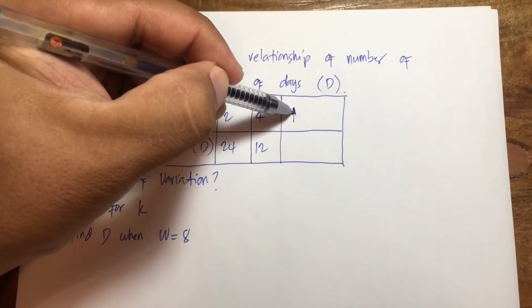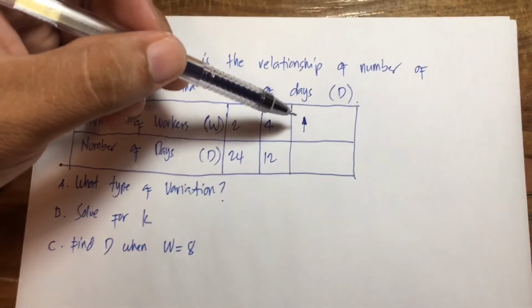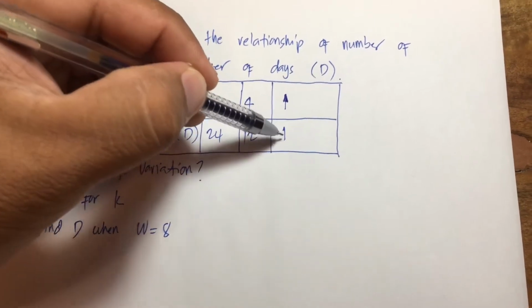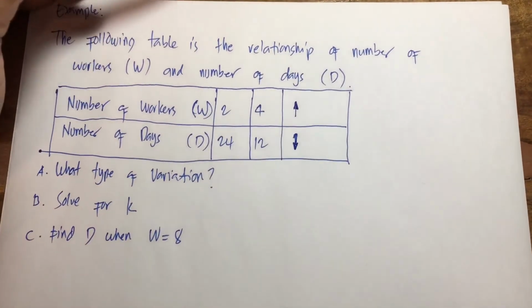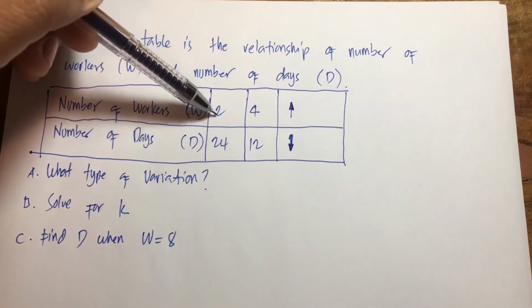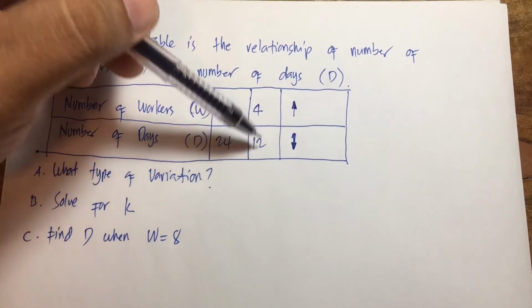So as we increase the values of the first quantity, it causes or produces a decrease in the second quantity. 2, then 4, then 24 becomes 12.